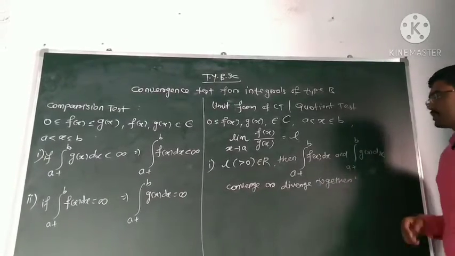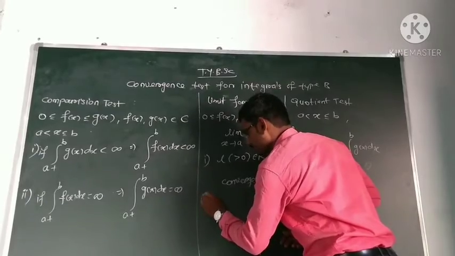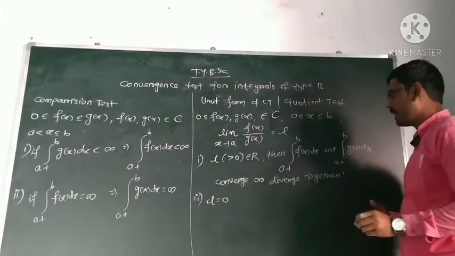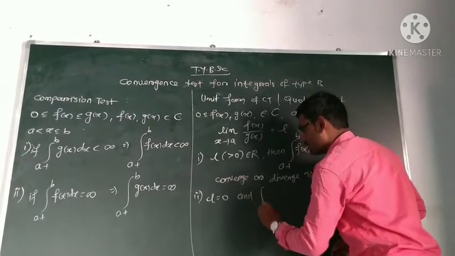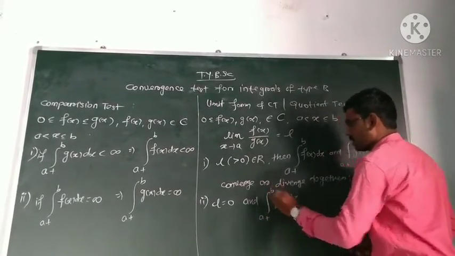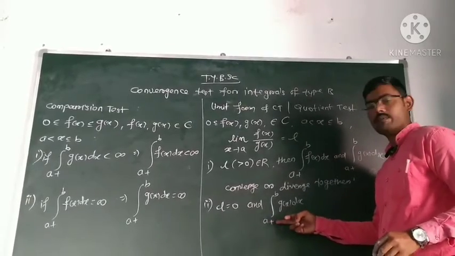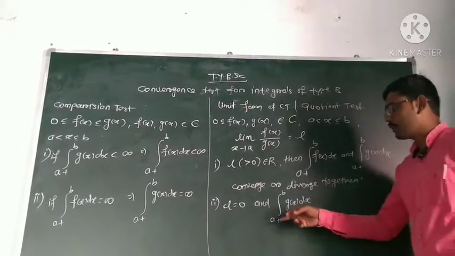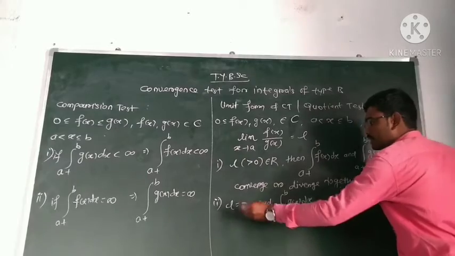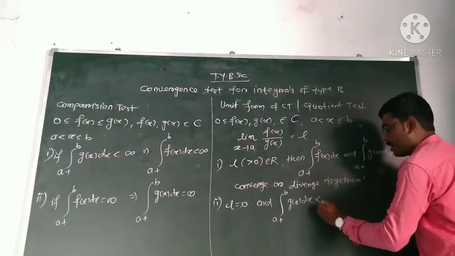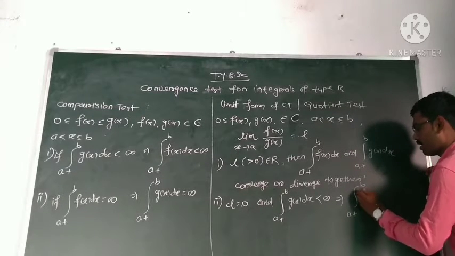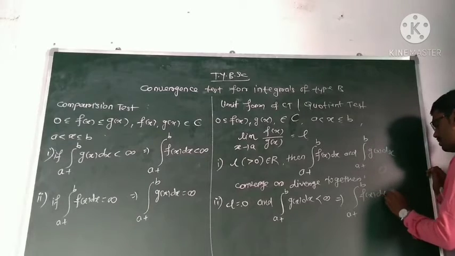Second part: if the limit is equal to 0 and the improper integral of g is convergent, here I am writing a plus, meaning a is the singular point, due to which the function becomes improper or unbounded, then the improper integral of the other function f is also convergent.